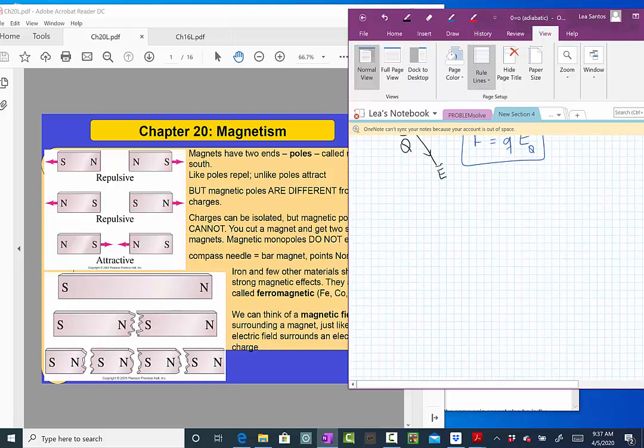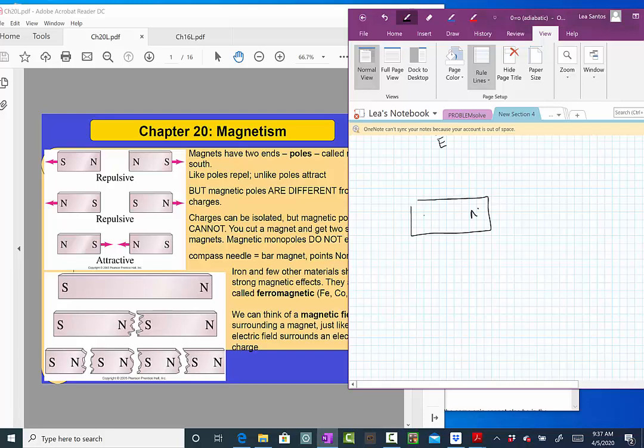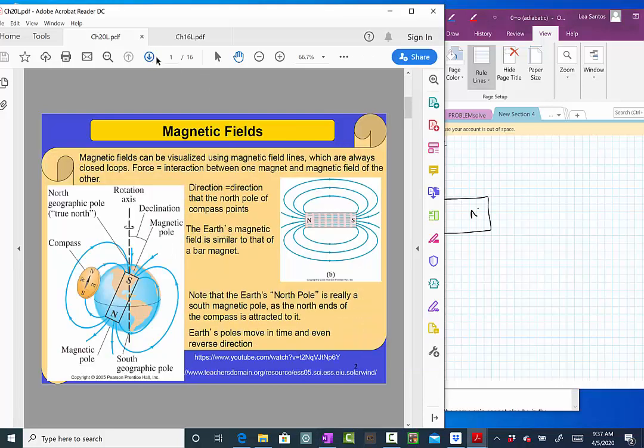Around magnets, what we are going to say now is that we have magnetic fields. This is what you see in this other slide. Here we have a magnet, the north and the south. By convention, we say that we have magnetic fields around it. This magnetic field is a vector. And what is the direction of the vector?